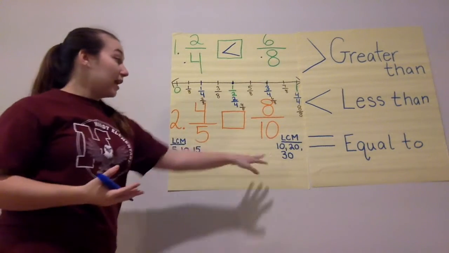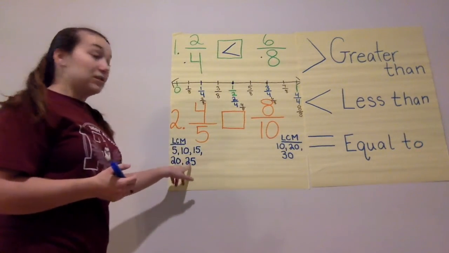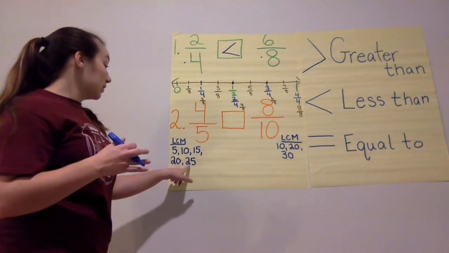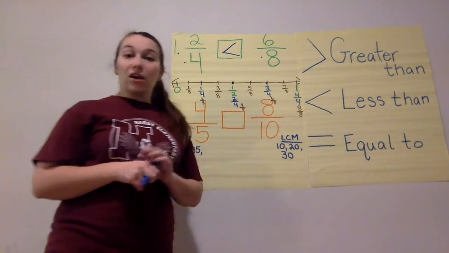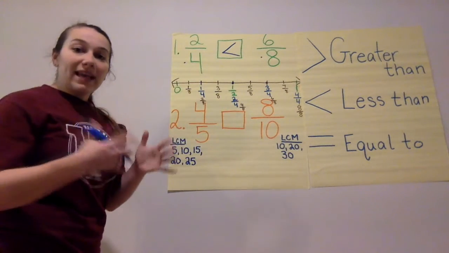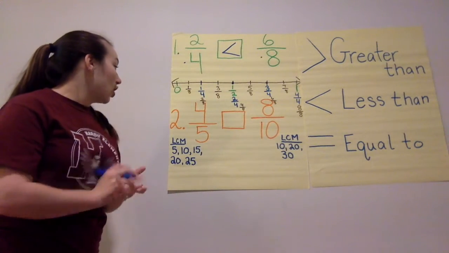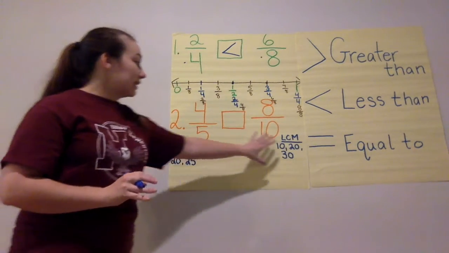And I'm going to stop there because we've already gone higher than our multiples over here. So we stopped at 25 over here. We have 30 over there. So now I'm going to compare. What is the smallest number I have in common with this list and this one?